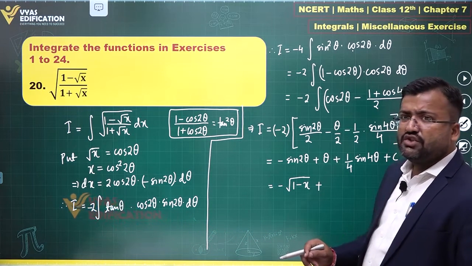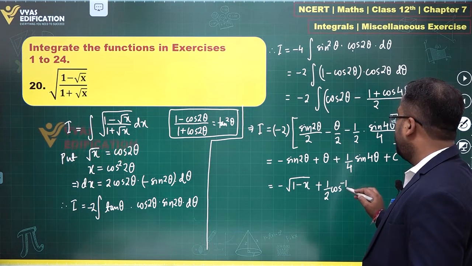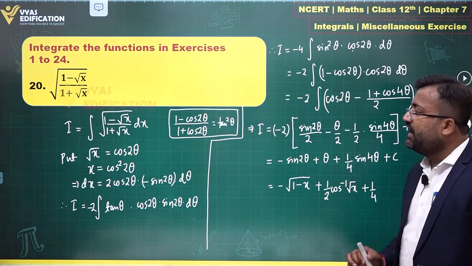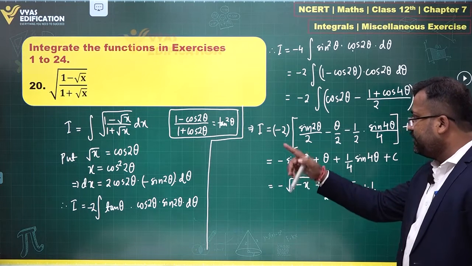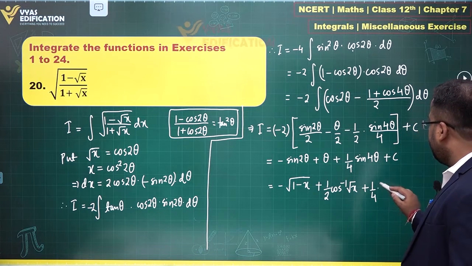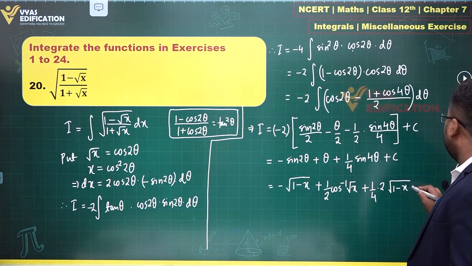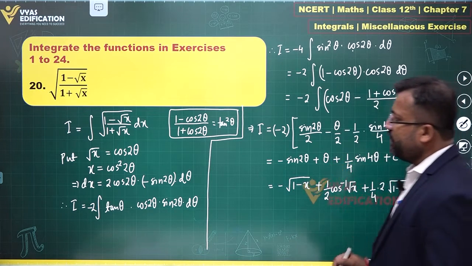Theta is cos inverse root x divided by 2, plus 1 by 4 sin 4 theta can be handled with cos 2 theta and sin 2 theta. This is sin 2 theta, that is cos 2 theta. This is nothing but 2 sin 2 theta cos 2 theta, which is root x, plus constant. This is what you have.